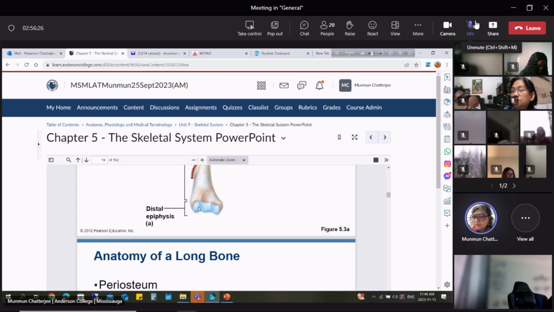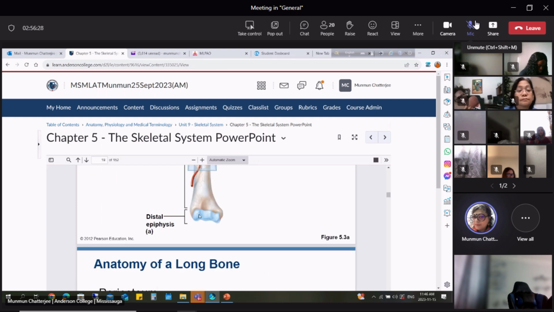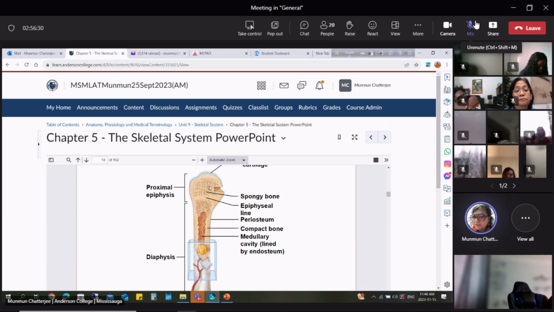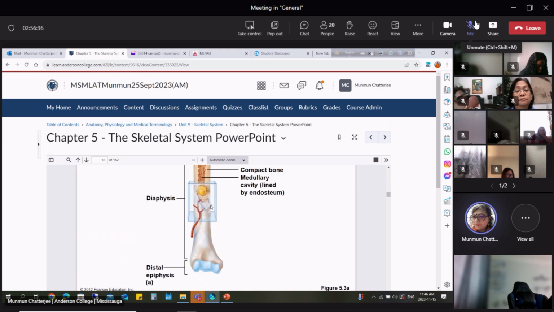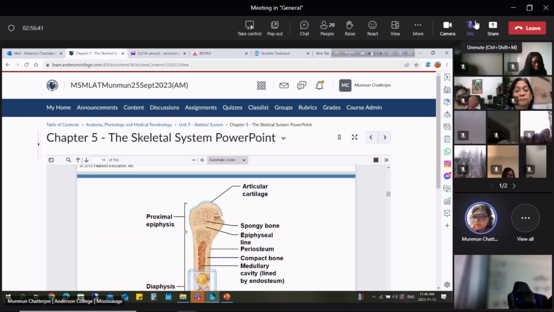One is the distal epiphysis, one is the proximal epiphysis. What is in the proximal epiphysis? You have the cartilage. Same thing at the end. You can see when you eat chicken bones, there are very soft cartilage things. This epiphysis area is mainly spongy bone.